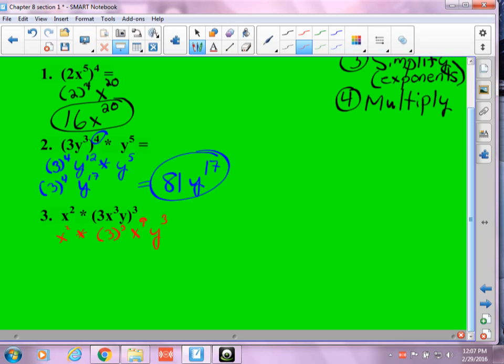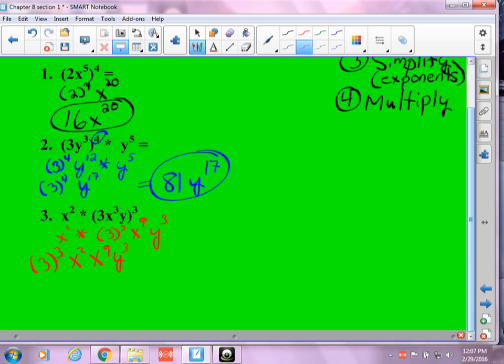We okay? All right. Now, what's the next step? Reorder. Now, do you see how my 3 is stuck in the middle? He wants to come out front. So I'm going to go 3 to the third, x to the second, x to the ninth, y to the third. So I put my number out front, I put my x's together, and then my y.